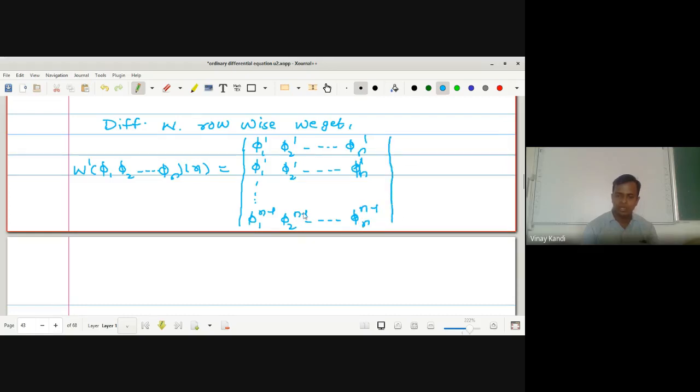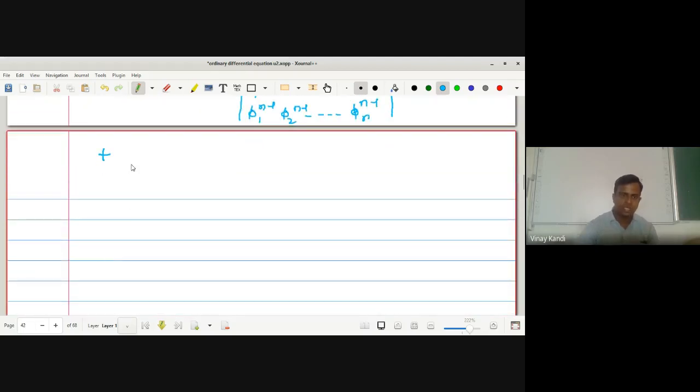Plus, first row as it is. Now differentiate the second row. The first row is phi 1, phi 2 up to phi n. And the second row is phi 1 double dash, phi 2 double dash up to phi n double dash.